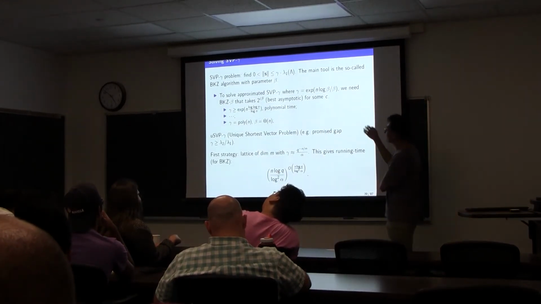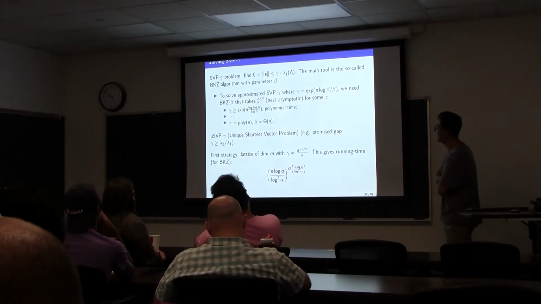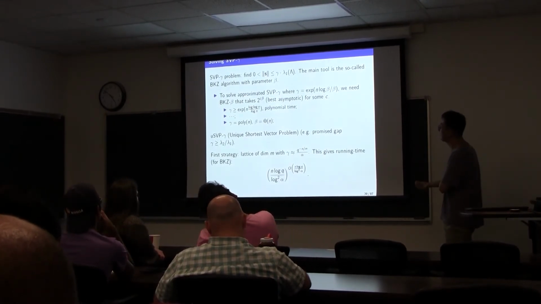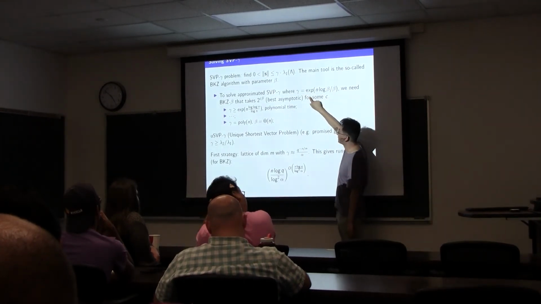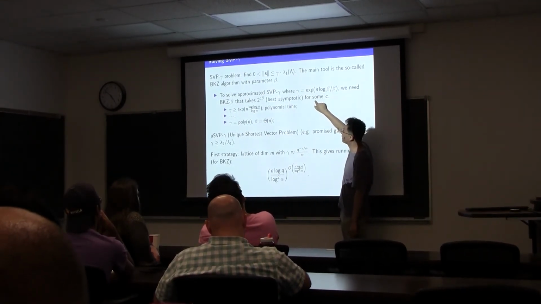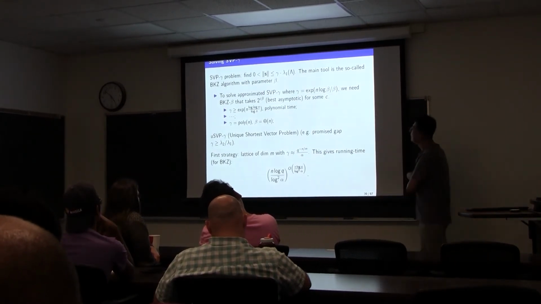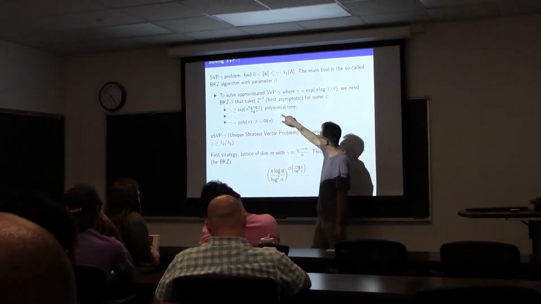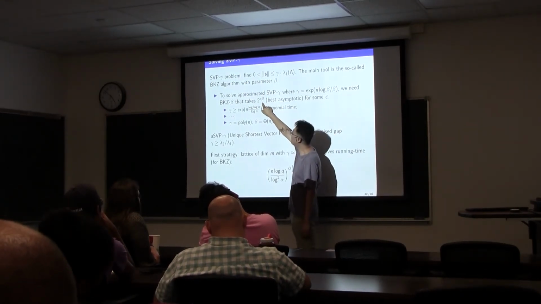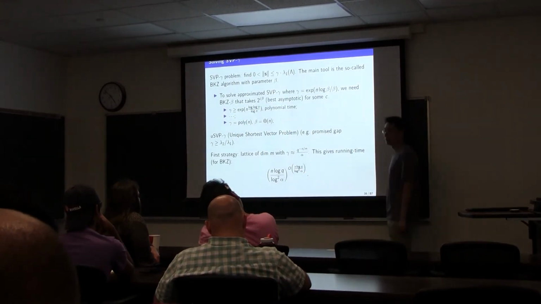We can call an algorithm which is called the BKZ algorithm, as I introduced before, with the parameter beta. The main reason why I want to put this beta into gamma is because beta reflects the running time, because the running time of this algorithm is 2 to the c times beta. I don't think this concrete value is important, but just consider that if my beta is larger, then the running time of this algorithm is larger.